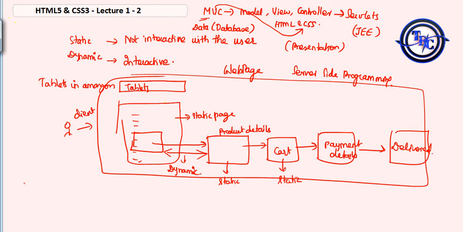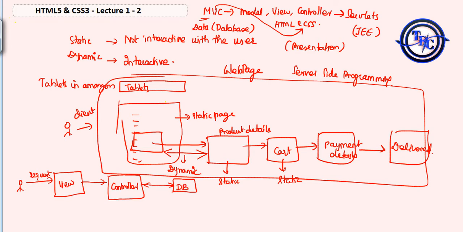So in short, you have a user, he gives the request, and he sees something, the view, that is this Amazon page. At the back there will be a controller. This controller will either connect with the database and fetch the data, or communicate with some business logic.